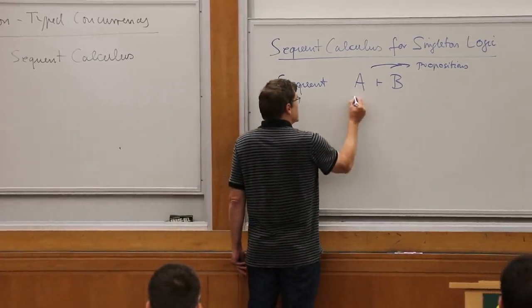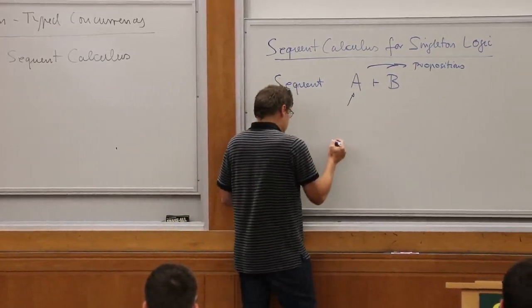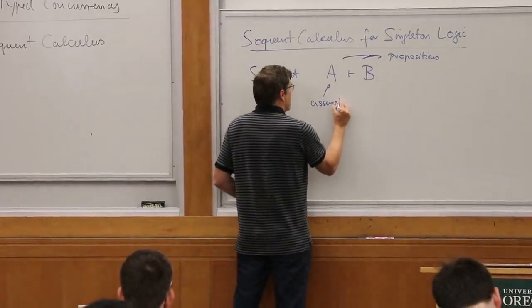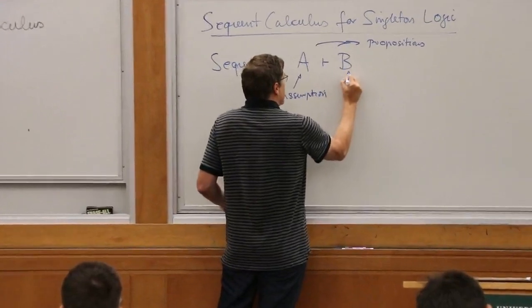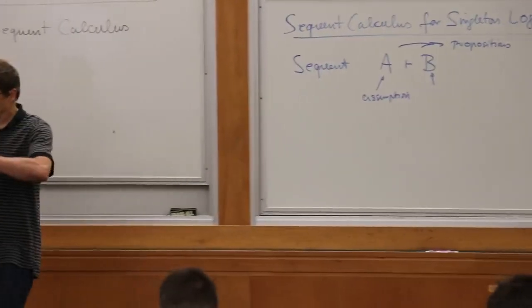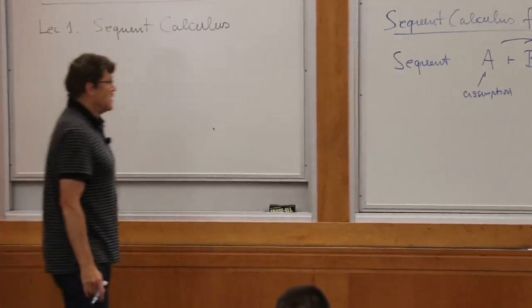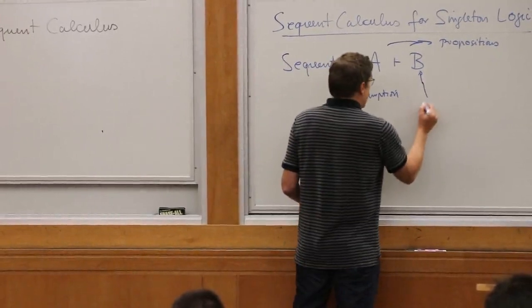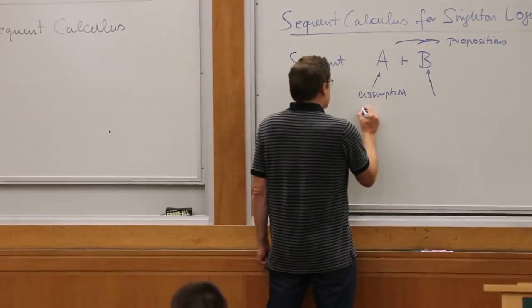The thing on the left-hand side of this turnstile symbol is an assumption. And this could be a conclusion, but we also refer to conclusion as sometimes what's below an inference rule. So I try not to use that term. To make a more neutral term, we'll call these antecedents.